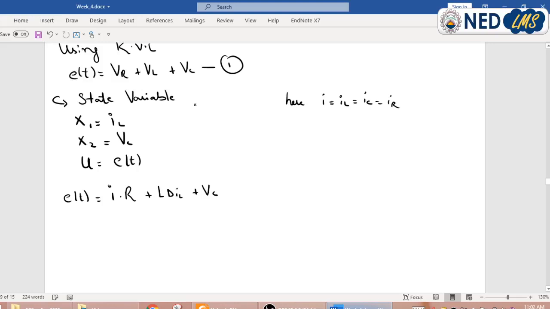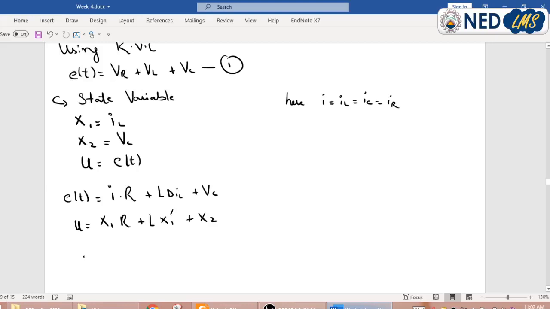This is my equation number 1, which I can now transform with the state variables. E of t can be replaced with U. I is basically IL, since I and IC are equal, so I can replace it. This is x1 R, plus L times the derivative of IL, which is x1 dash, plus VC, which is x2.